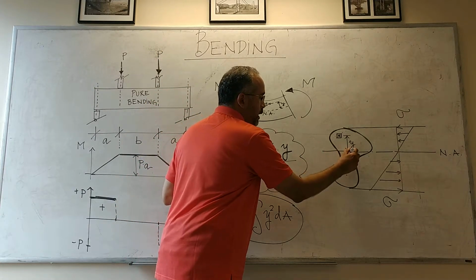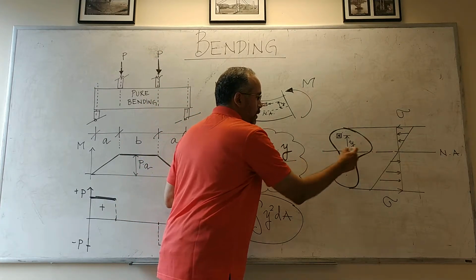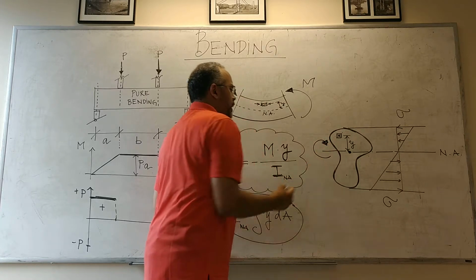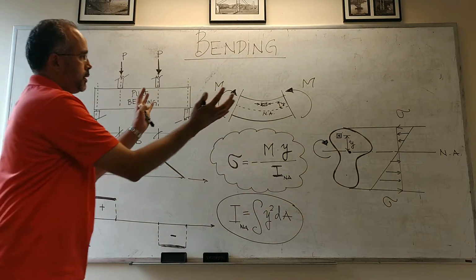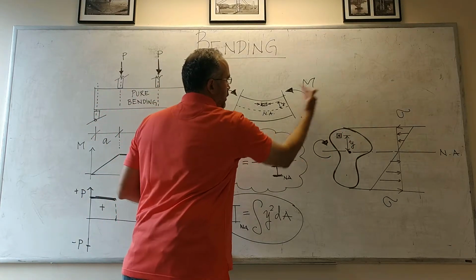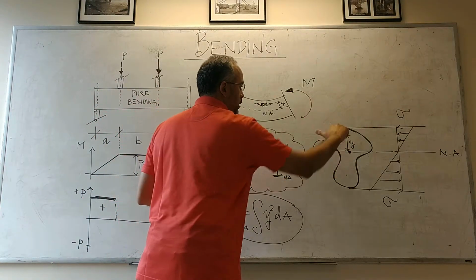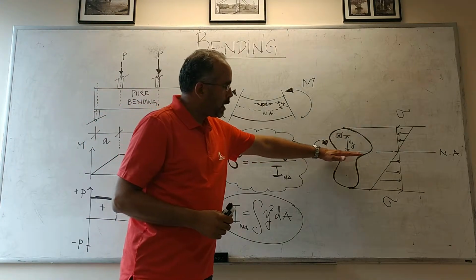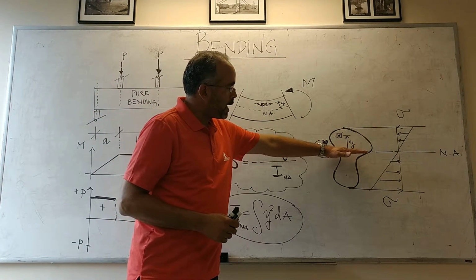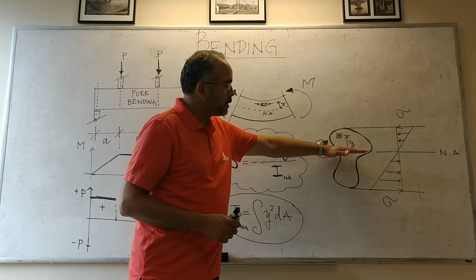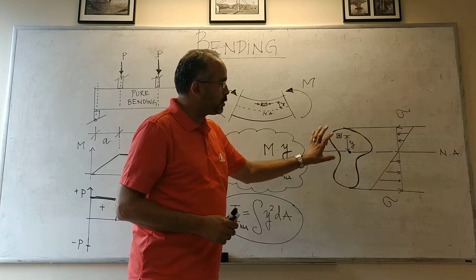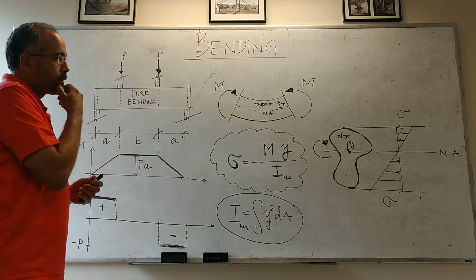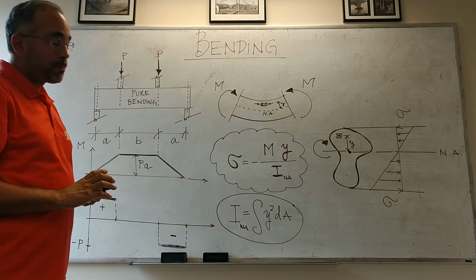This point here is the centroid of the cross section, and this axis is the axis around which the bending is taking place, right? This is looking at this from the side, so we're bending like this. And this moment of inertia is calculated around an axis that goes through the centroid and corresponds to the axis around which the beam is bending.